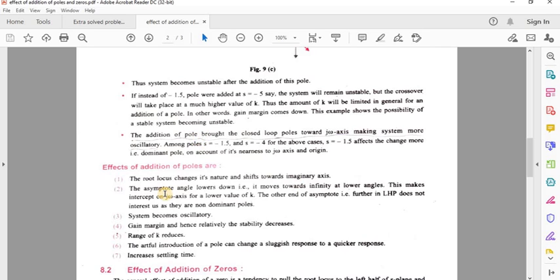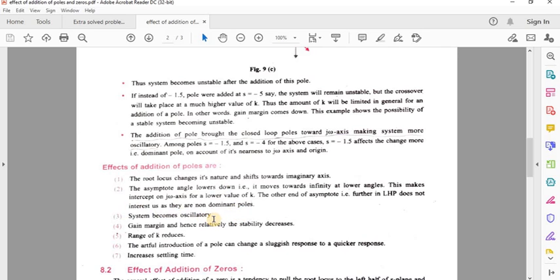Okay, the asymptote angle lowers down, it moves towards infinity at lower angles. This makes the intersection with the j omega axis occur at a lower value of k. The other end of the asymptote, further in the left half, poles do not interest us as they are not dominant poles.